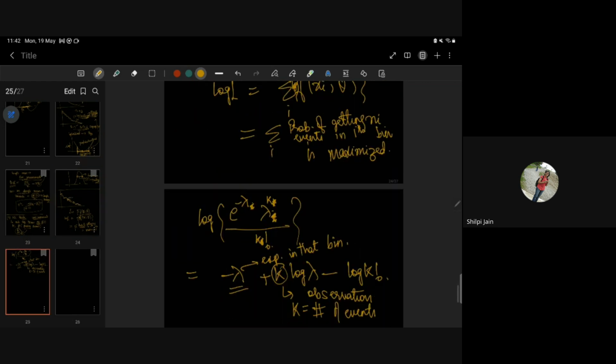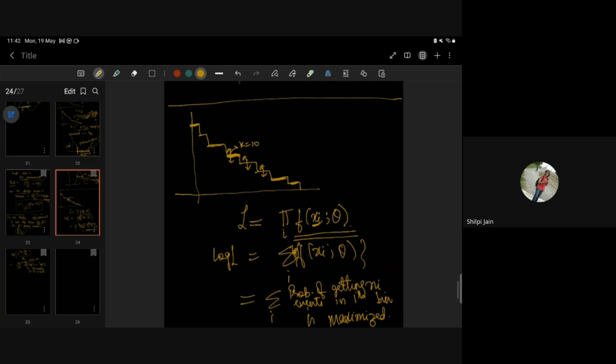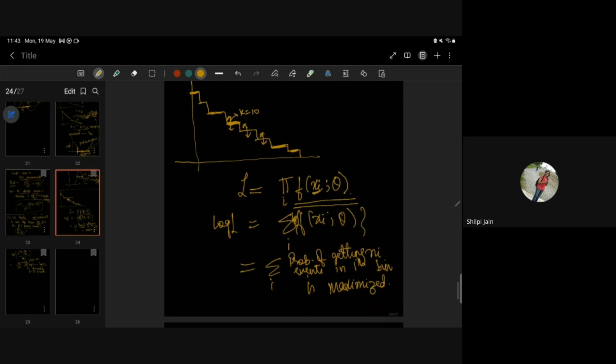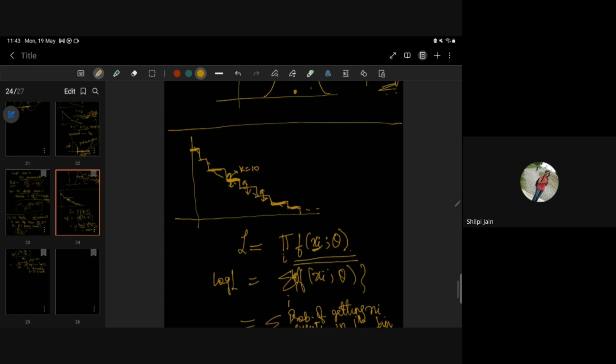Okay. Now the question is, what is lambda? How do we estimate lambda? What is your expectation in that bin? You know that it's following an exponential distribution, because this is what you're trying to fit. So if this is following an exponential distribution, how will you calculate the expectation in this bin?